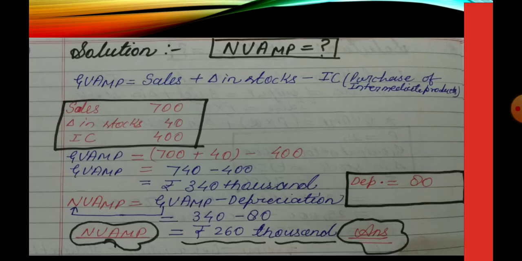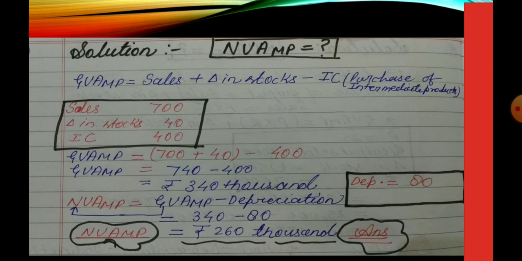Solution. So NVAMP is equal to what? When we use the basic equation, GVAMP is equal to sales plus change in stock minus intermediate consumption. The value of sales is given 700, change in stock is given 40, and intermediate consumption is given 400.